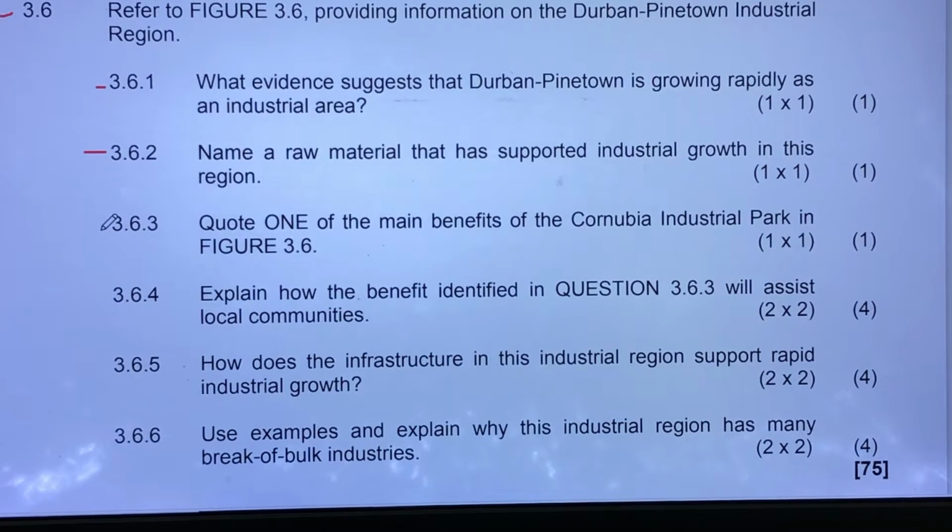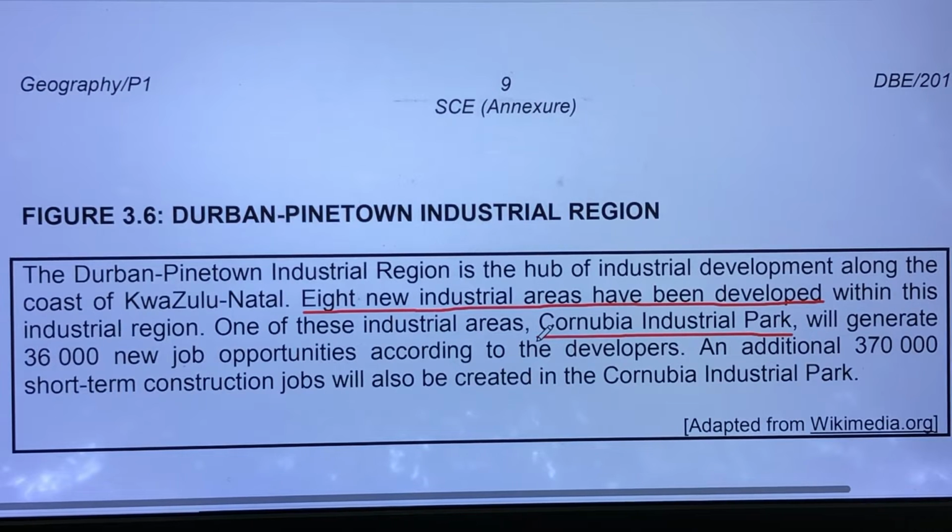So 3.6.3 says, quote one of the main benefits of the Konobia Industrial Park in figure 3.6. So the main benefits of that park. The main benefit is that it will generate new job opportunities for the community members of that specific area.